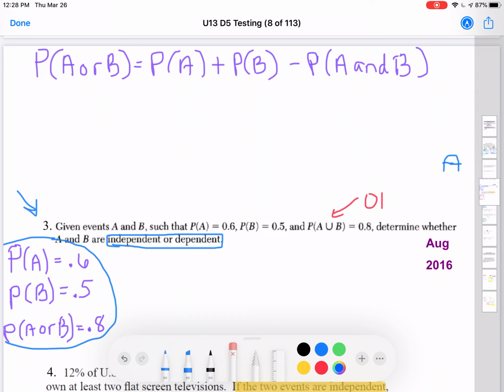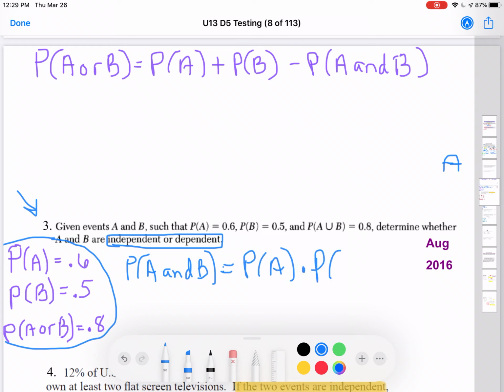Okay, so here's my problem, right? I gave you guys this new formula today to do, right? I said the probability of A and B, is that equal to the probability of A times the probability of B? That's the new one I wanted to use today instead of doing the conditional formula. But look, I don't have AND, right?